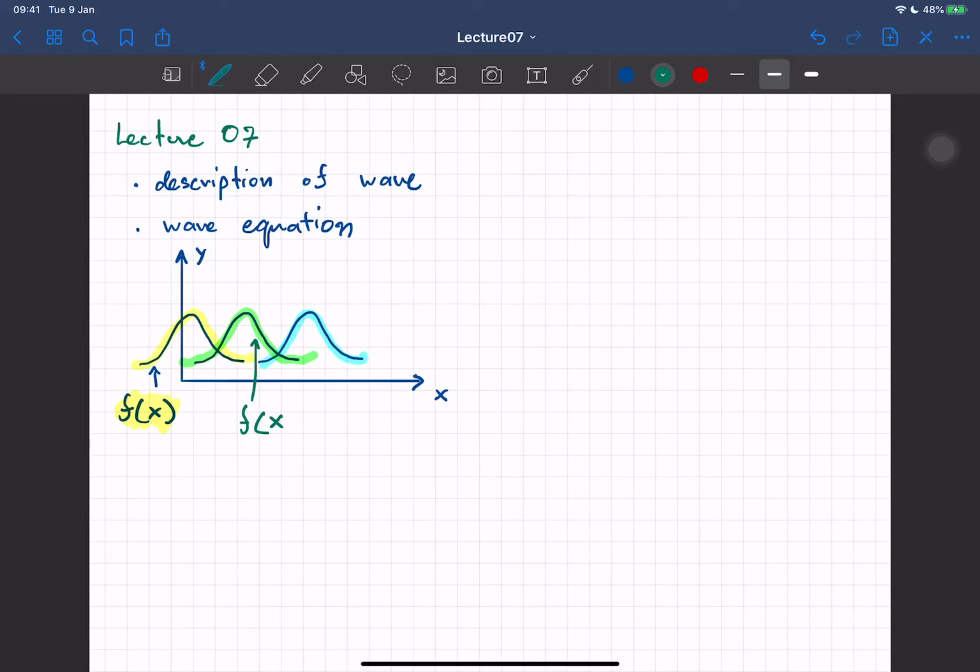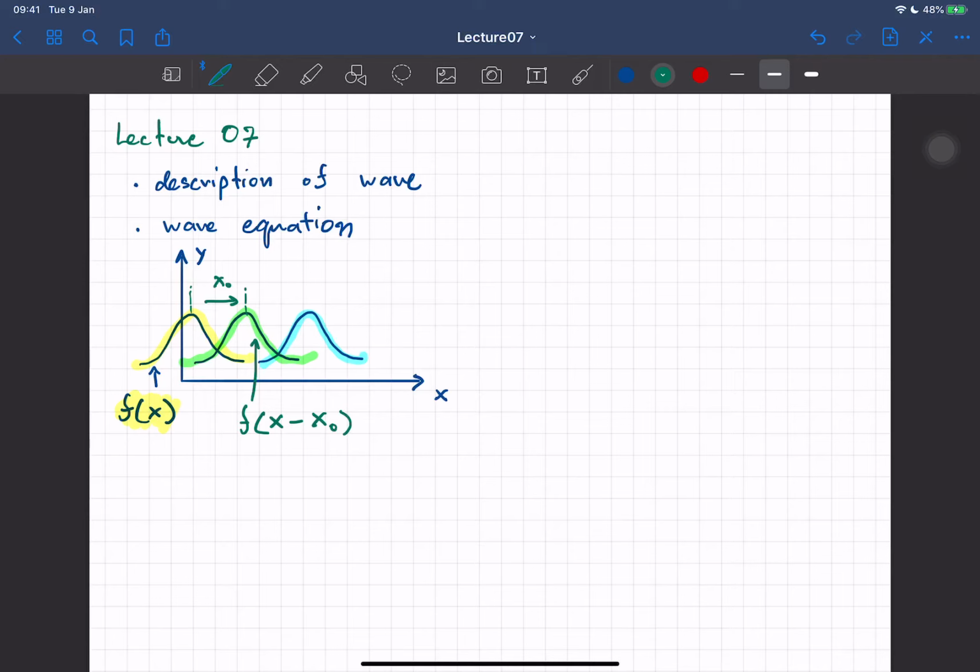And this is maybe something that you don't remember. Going to the right, you have to subtract something here. You have to subtract x0. And what is x0? Well, x0 is how much you move to the right. So if you mark the top of the wave, and the top of the wave moves by x0 to the right, then the whole function is f of x minus x0.